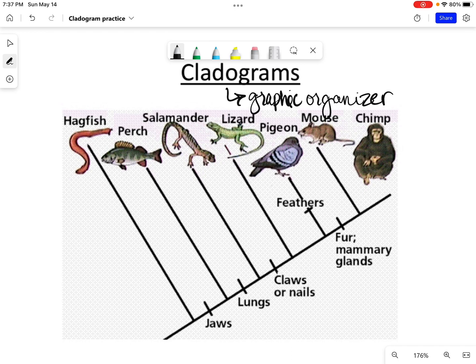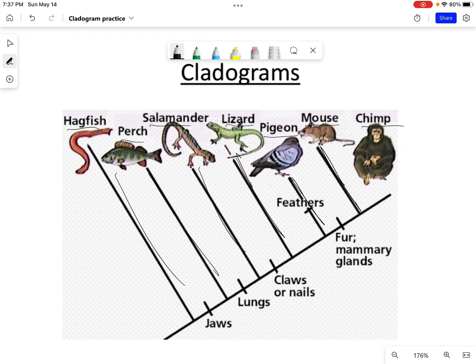So if you notice in this cladogram below, I'm going to erase this really quickly so we can read all of our species up at the top. We have a total of 7 different species. Each of those species has a branch that goes back to the main line of the cladogram. The main line is that really long line that connects everything together.